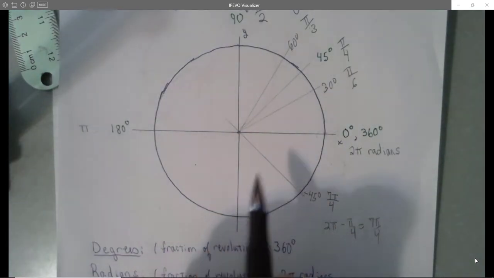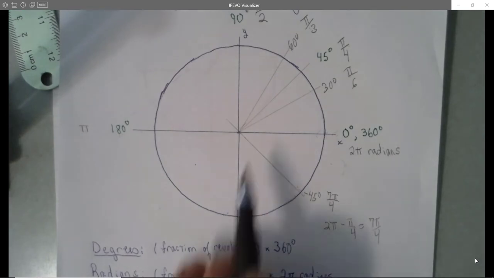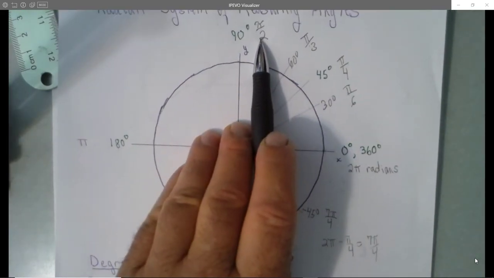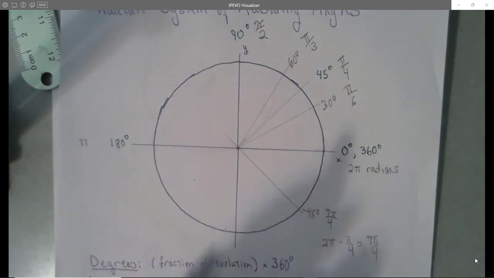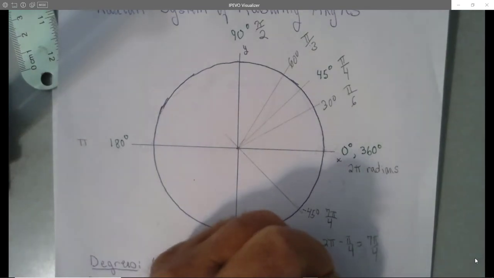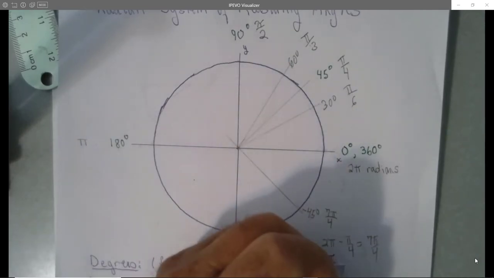Another way would be to say, well, every time we go through one of these quadrants, we're picking up another pi over 2 radians. So pi over 2, pi, 3 pi over 2. And then we're going to add another pi over 4.